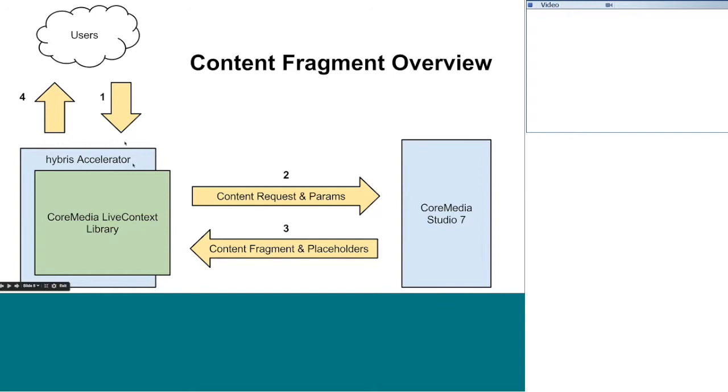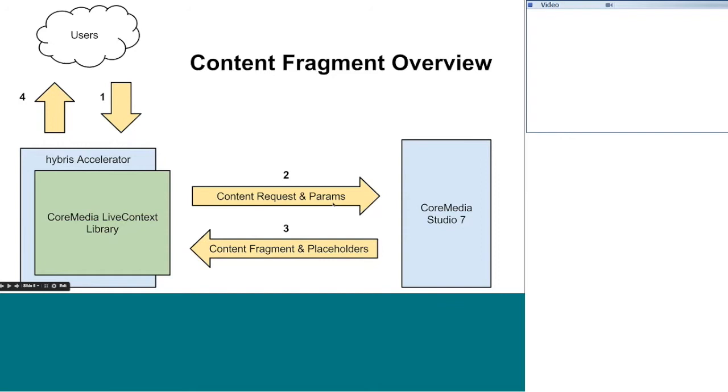So internally, once it's going to render that content, let's say that there's a particular component on the page that's defined to come from CoreMedia. That's where this CoreMedia Live Context library comes into play. At that point, a content request and the parameters are sent to CoreMedia asking for that particular piece of content. Now, the parameters that are sent along depend on the use case.